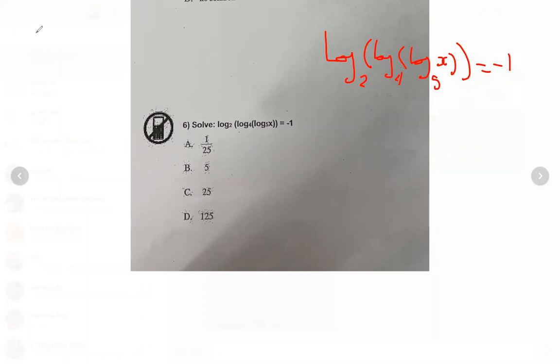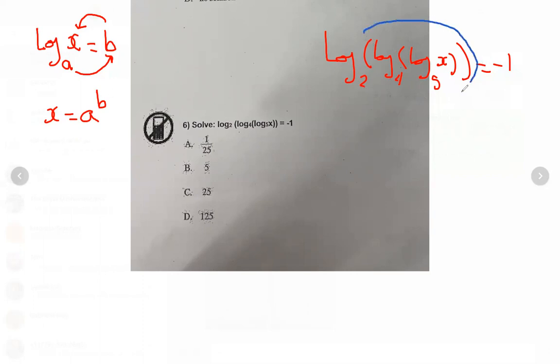The first law in logs that you have to know, it's log base a, x equals b, means x equals a to the power of b. So the base raised to the power of this will give you this. Now what you want to do, you want to think of the 2 in this here as the a, and all of this as the x.